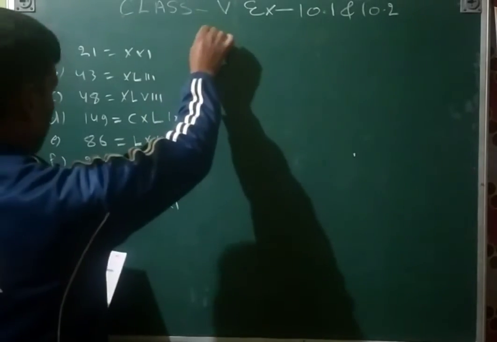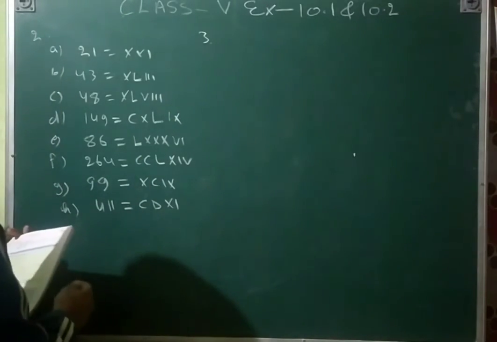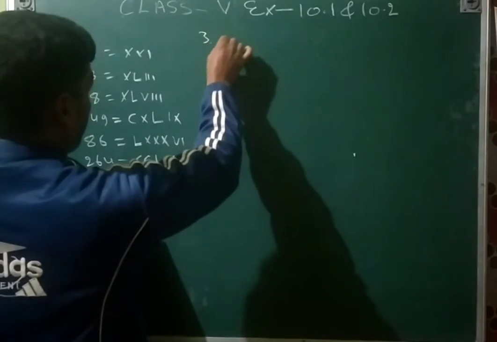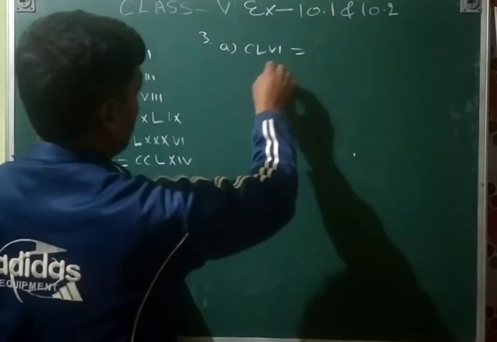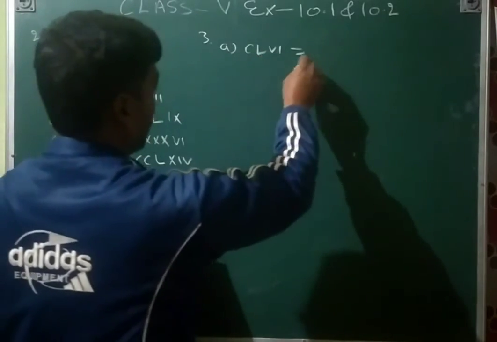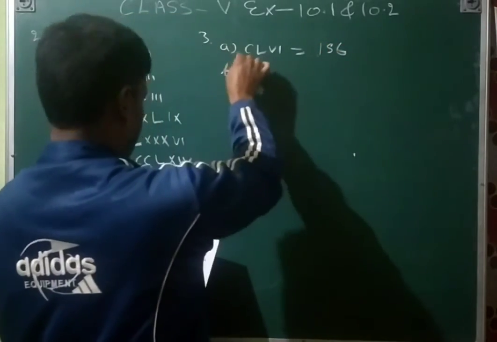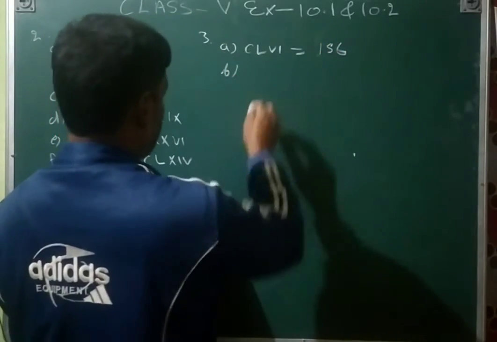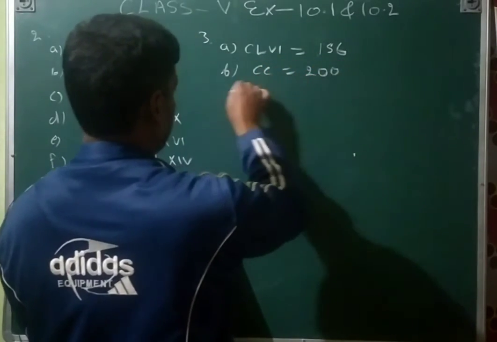Question number 3, write in Hindu Arabic number. CLVI, 100, 50, that is 150, and 6, 156. B part is CC, that is 200.